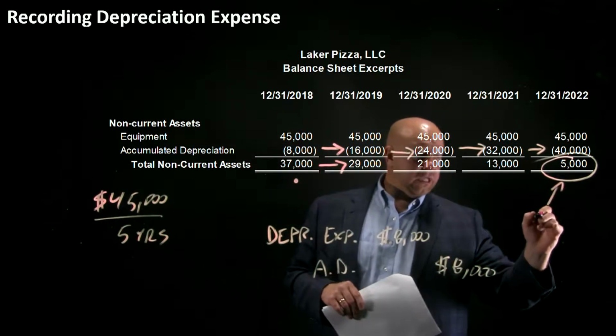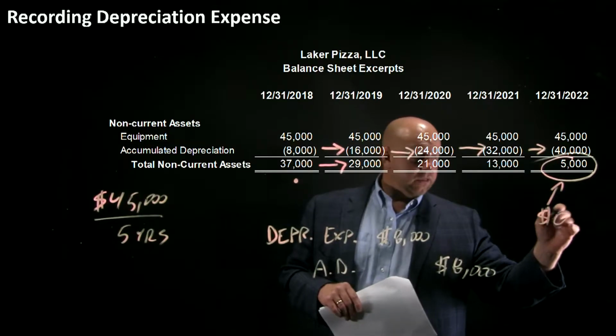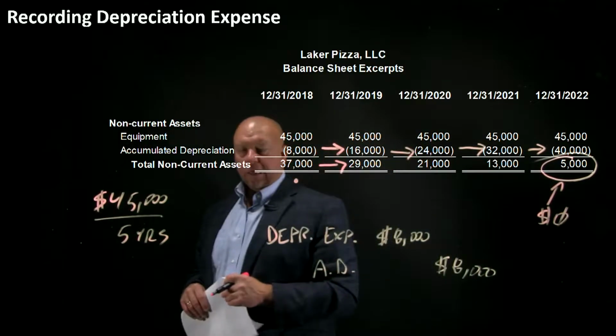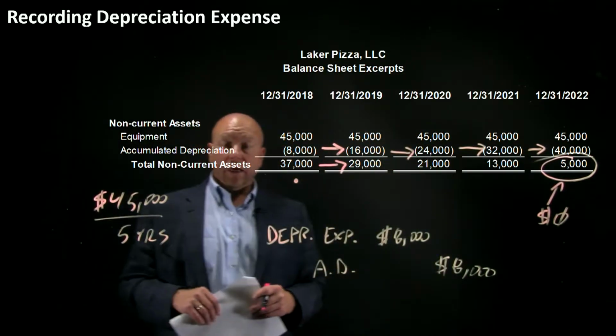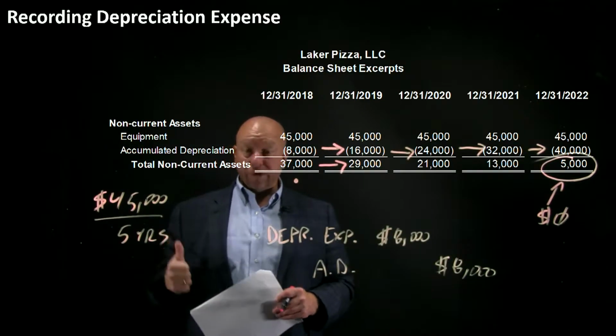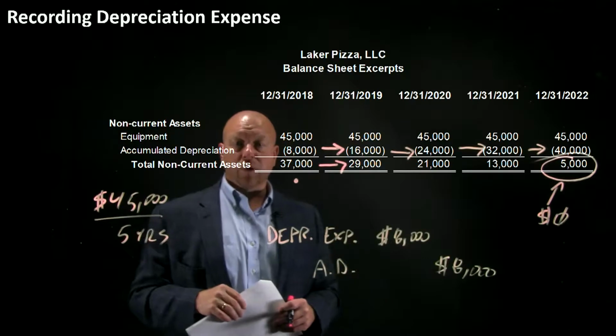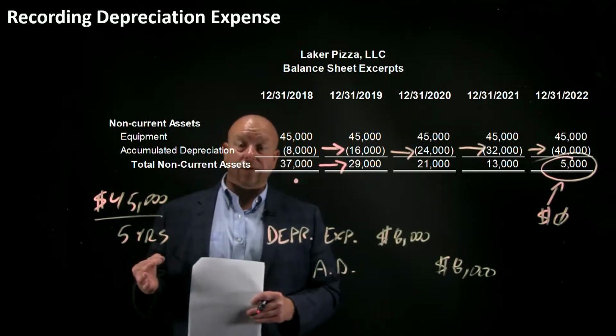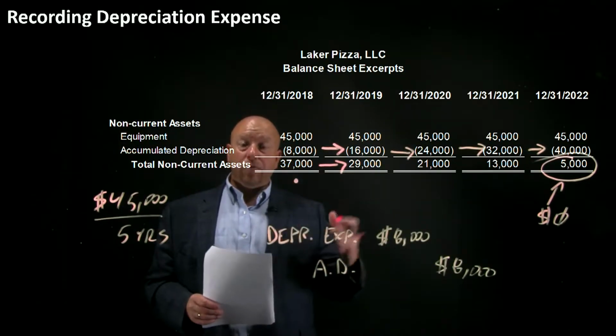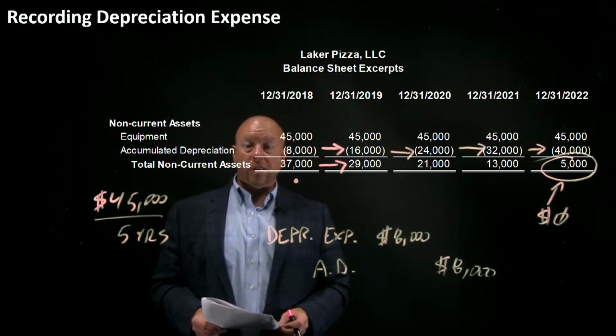And then when you get to the end of the useful life, you got a big goose egg, and the net book value will be zero. That's definitely more conservative than assigning a salvage value, and that often aligns with what a company needs to do for income tax treatment, where they would be fully depreciating this asset over its life.